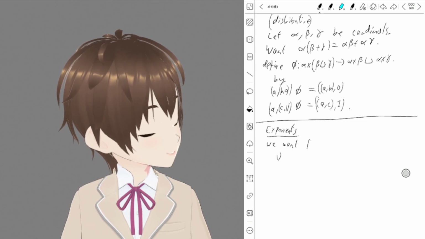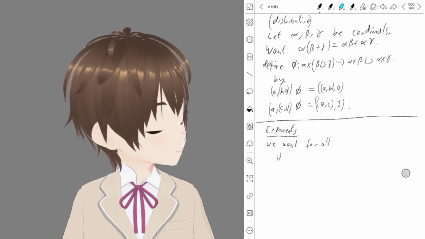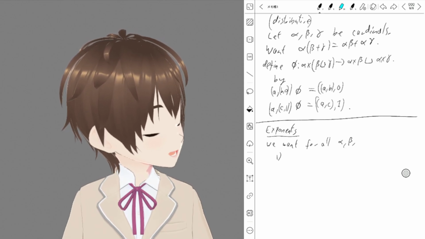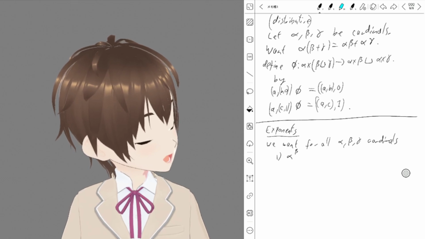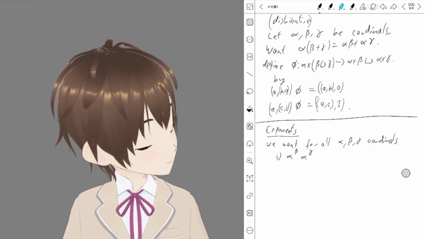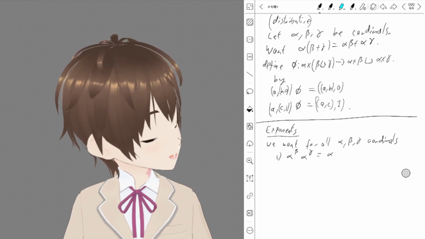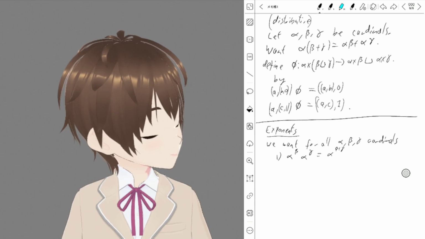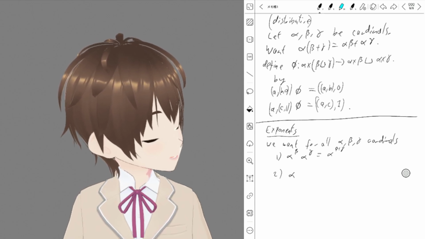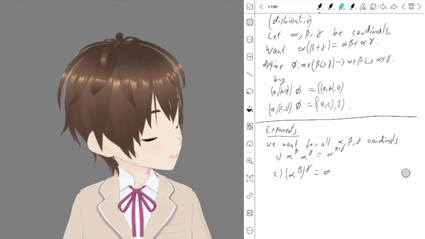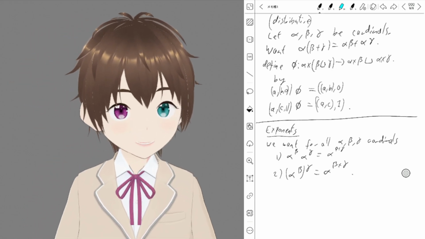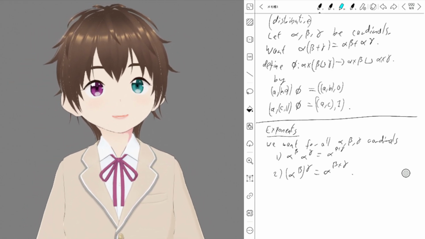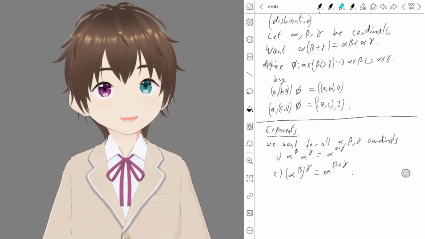For all alpha, beta, gamma cardinals, alpha to the beta times alpha to the gamma is equal to alpha to the beta plus gamma, and alpha to the beta to the gamma is equal to alpha to the beta times gamma. And we can prove this using the same strats as before, remembering that this is the set of functions from the superscripts to the base.